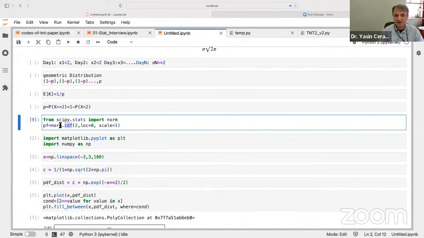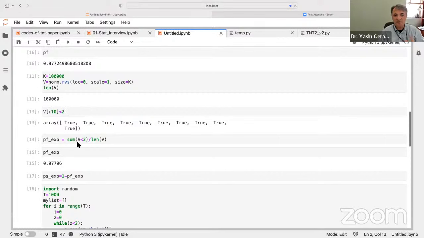This gives me the probability of picking a number less than 2, the area under the curve up to 2. So this is PF. I also checked my PF value by checking from my samples how many of them are actually less than 2. The ratio of numbers less than 2 in my sample pool is also 0.97. So this was just a sanity check.